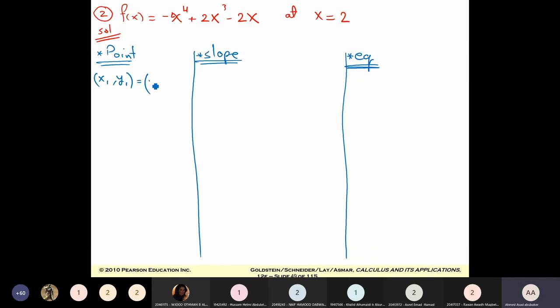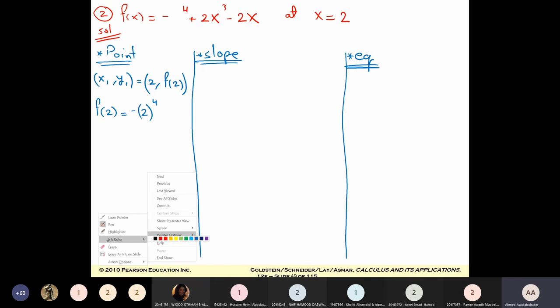This is 2 and f of 2. Now f of 2 equals negative 2 to the power 4. This is negative for the x to the power 4.